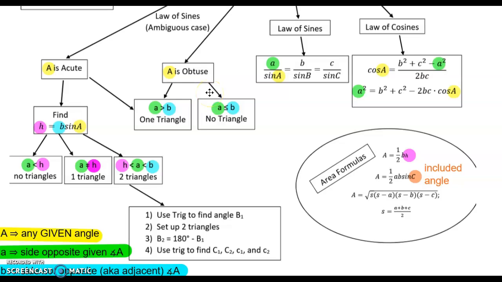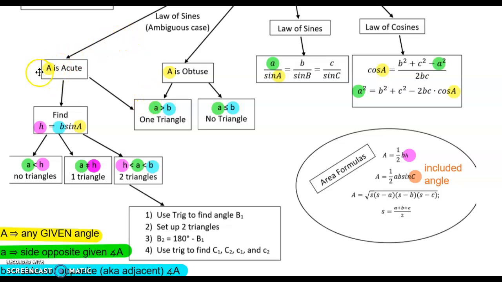If there's one triangle, then the side across from your given angle is greater than your other given side. If that side is less than or equal to the side not across from the given angle, then you have no triangle that's formed.